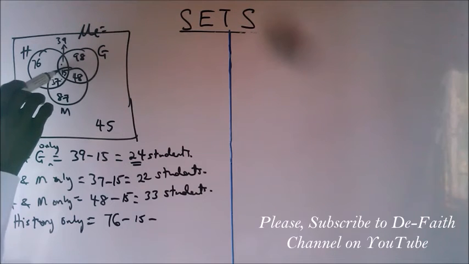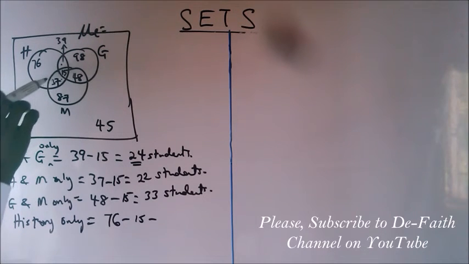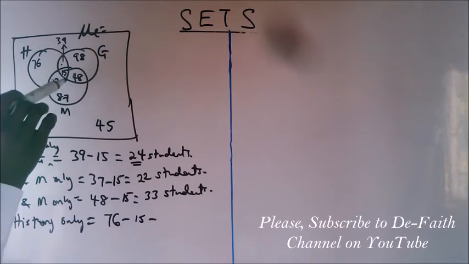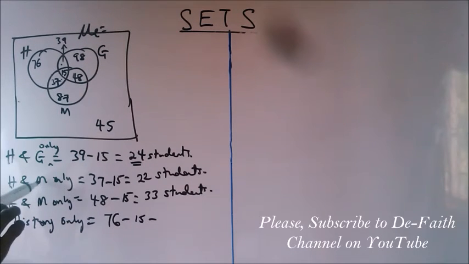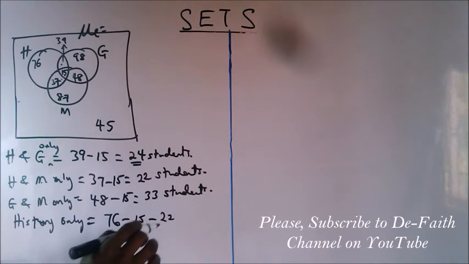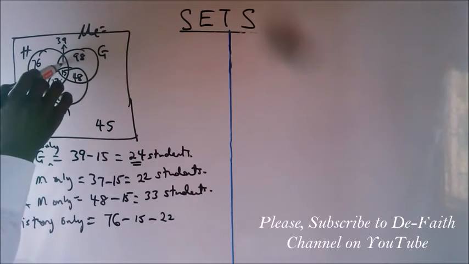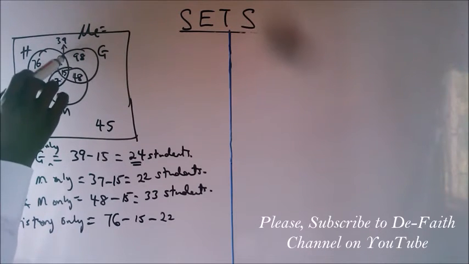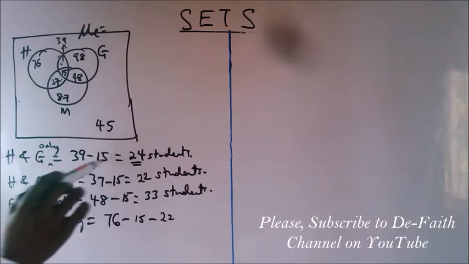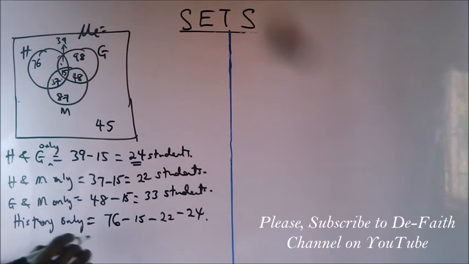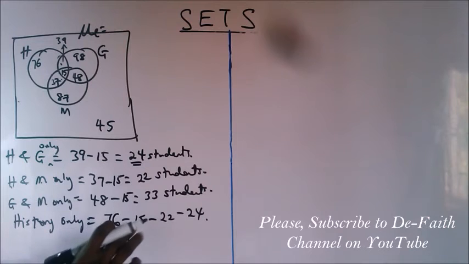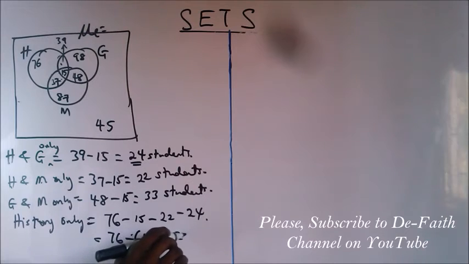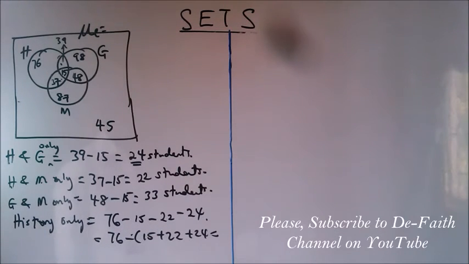Rather, we will take those that love history and mathematics only, and for those we have 22 of them. And then those that love history and geography only, we have 24, so minus 24. So we have 76 minus 15 plus 22 plus 24. When we total this, we have 15 students.